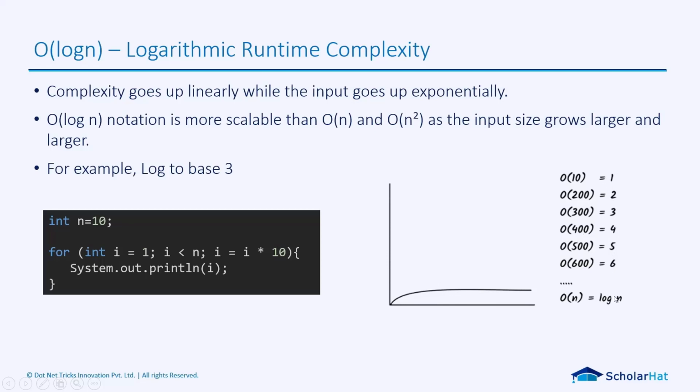It is increasing slowly. In this for loop, it is initialized from i equals 1, i less than n, and i is getting multiplied by 10, and the output is i. So input is i into 10 and output is i. This is how the log n graph gets created.